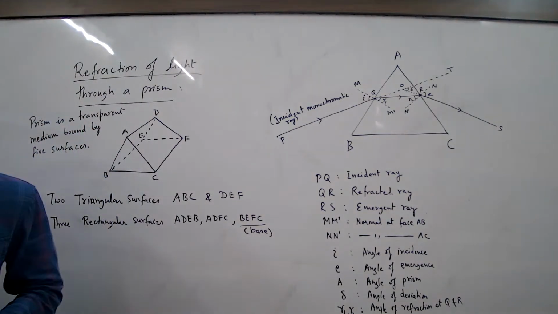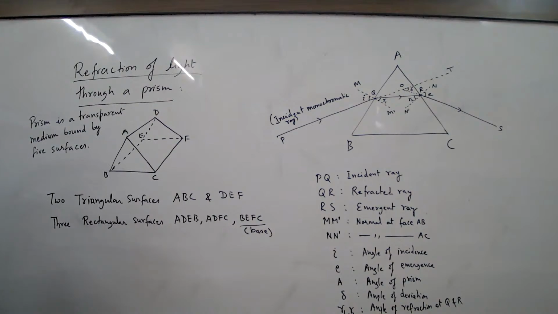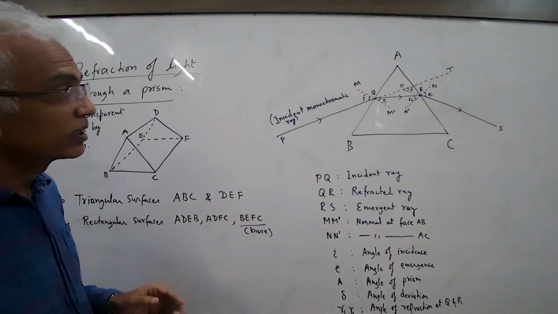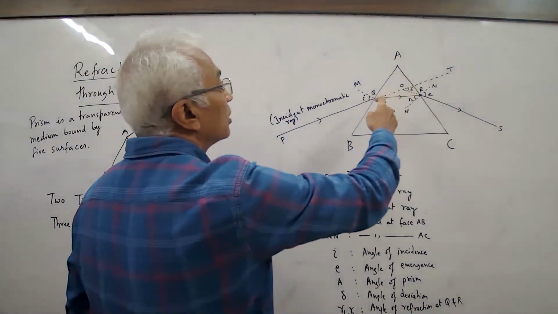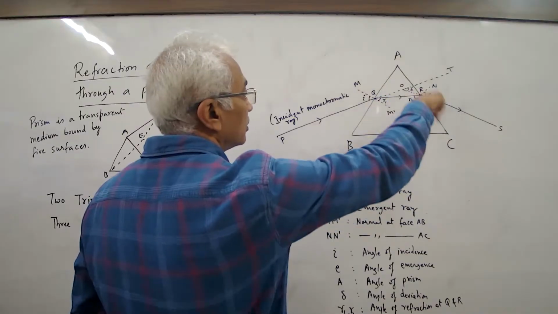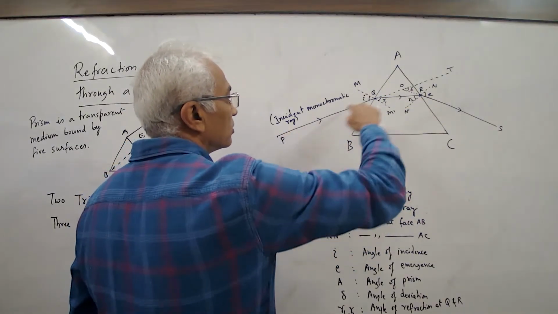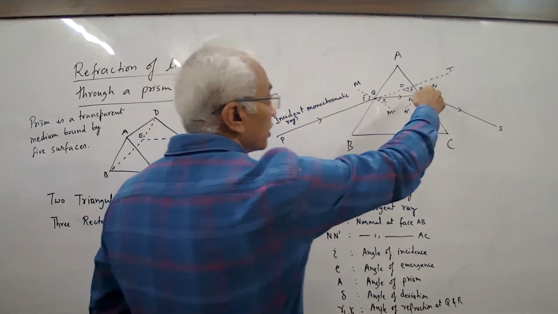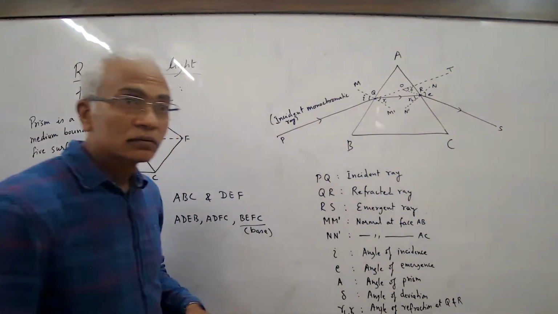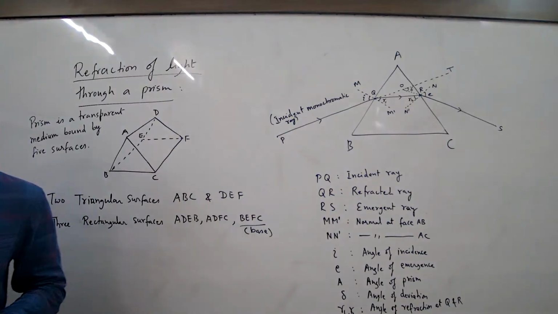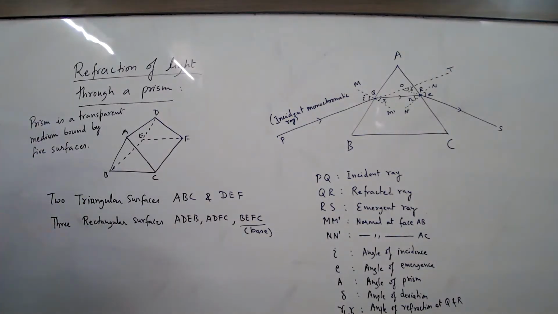So anybody needs any clarification? Very easy to draw this diagram. First we'll draw the prism, then mark the midpoints on AB and AC. Then from the base, draw the incident ray, and bring this also to the base, in between the midpoints. Then draw the normal, extend the incident ray backward, extend the emergent ray, and just do the labels.